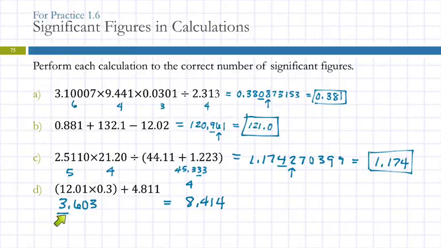So I look at the number of decimal places in this number, which is no decimal places, the uncertainty in the ones place. And here I have 3 decimal places. So this is uncertainty in the ones place, so my answer is going to have uncertainty in the ones place. I'm going to round that to 8. Any questions?